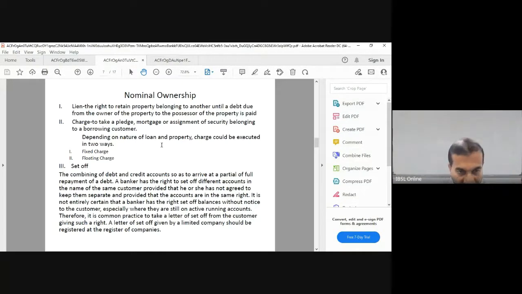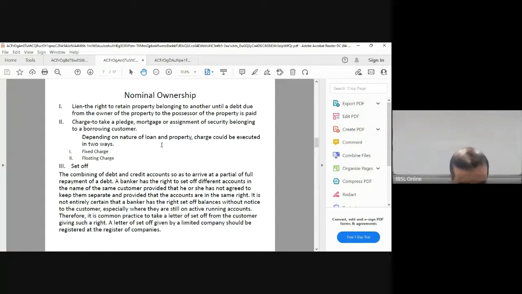Generally, bankers have a general lien to keep a property given by the customer until the dues are settled. You can even have a lien on a deposit account unless it is properly designated to a particular payment. But today bankers are very smart, so they will take a letter of set off.